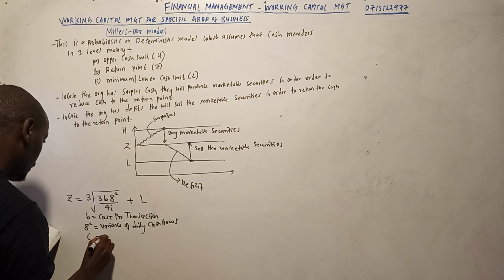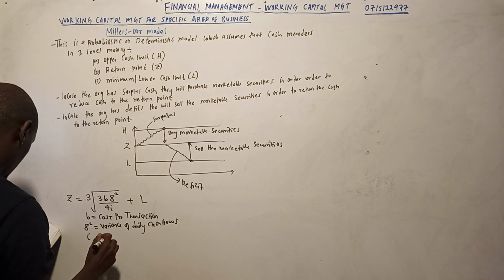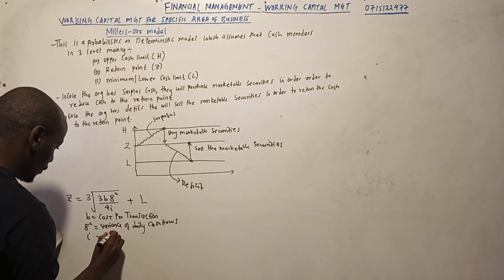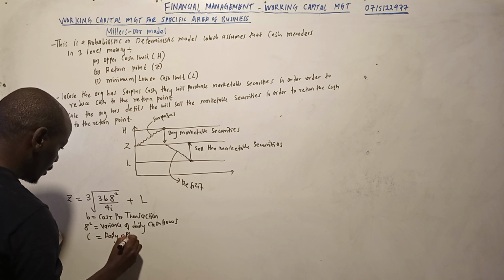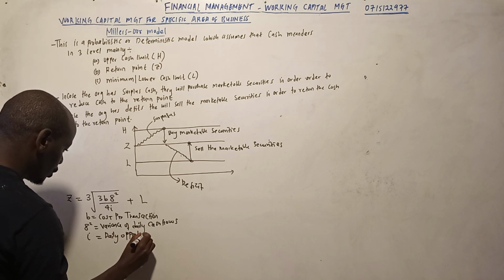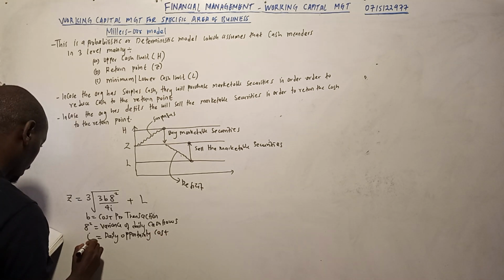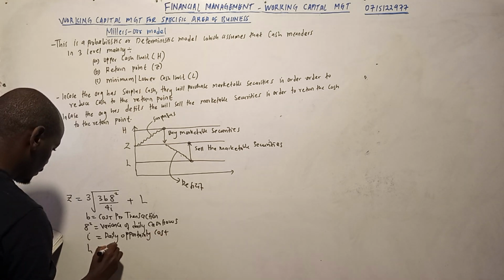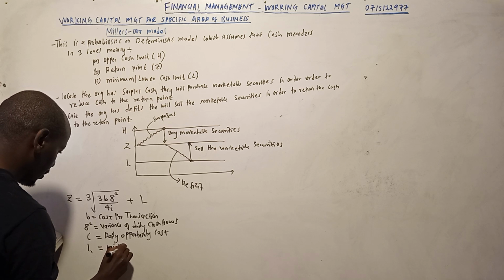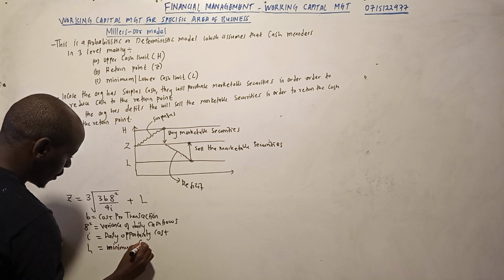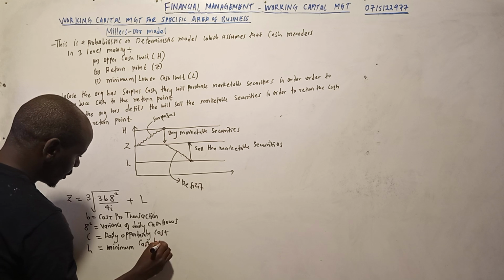I is the daily opportunity cost. L is the minimum cash balance.